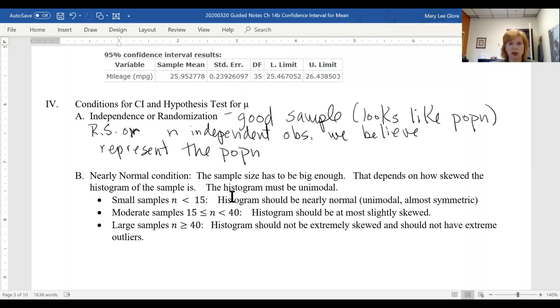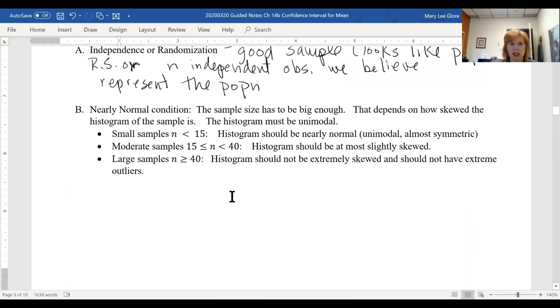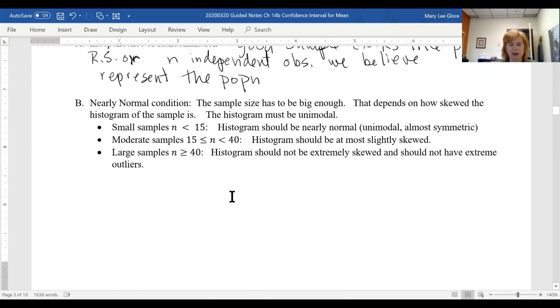So we get a histogram of the data, and if it's a small sample, let's say n less than 15, the histogram should be nearly normal to begin with. So maybe I have something like this.